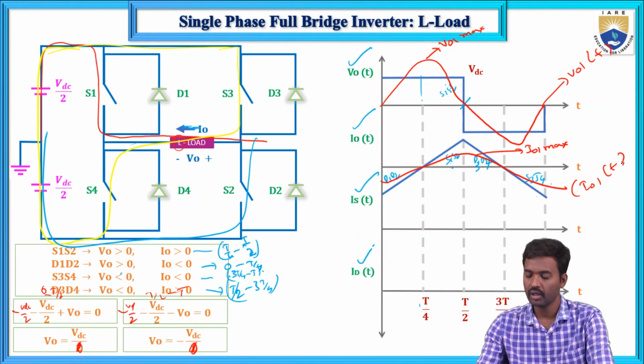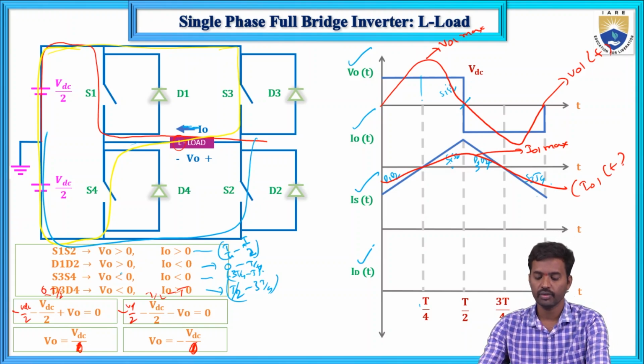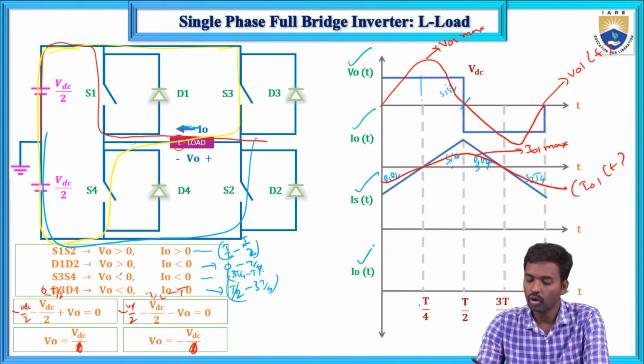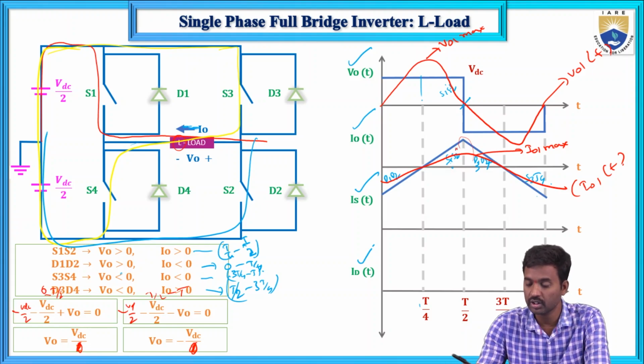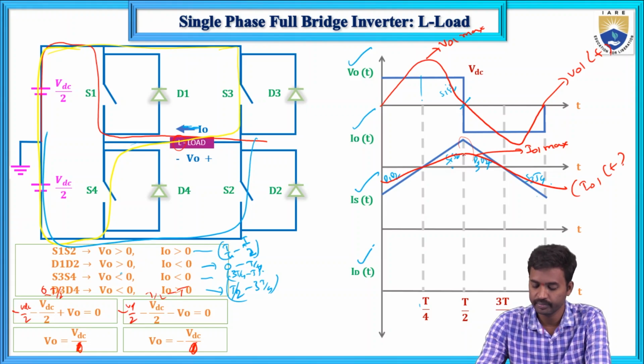Now if you see the comparison here, the maximum value of the fundamental component of output voltage is greater than the total output voltage maximum value, but in case of current, the maximum value of the fundamental component of output current is less than the total output current. So keep it in mind. In case of resistive load, that is greater than, but here it is less than.